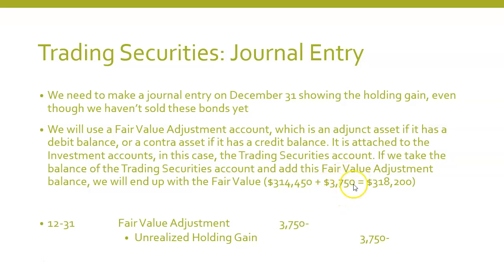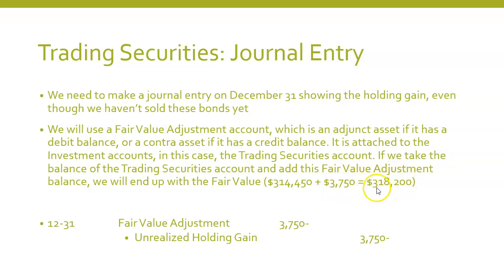These unrealized holding gains or losses are all piled into that account. Okay, so if I take my actual carrying value plus or minus the fair value adjustment account, if it's a debit amount, we would add it. If it's a credit amount, we would subtract it.